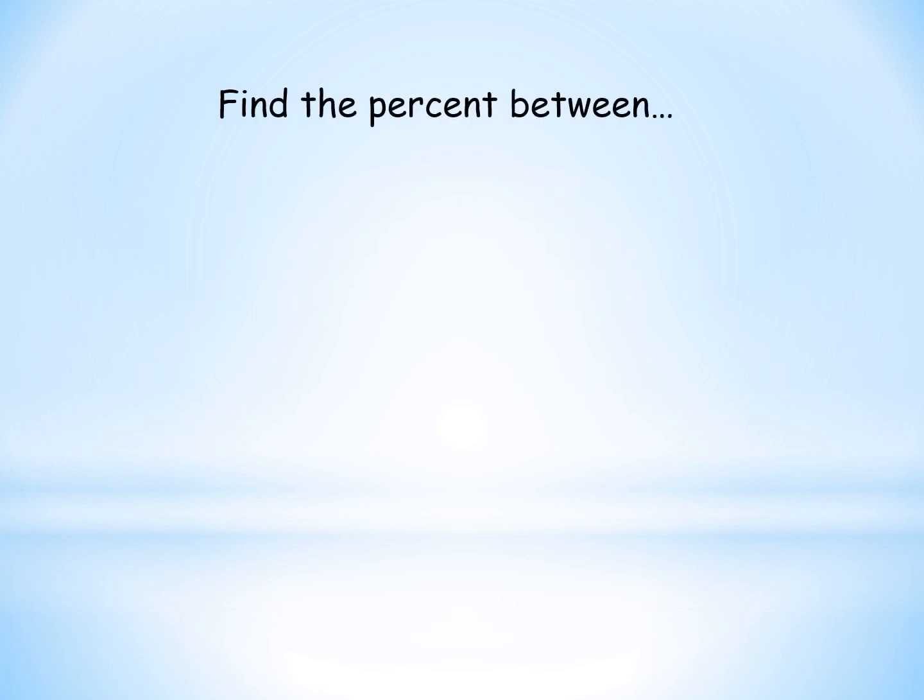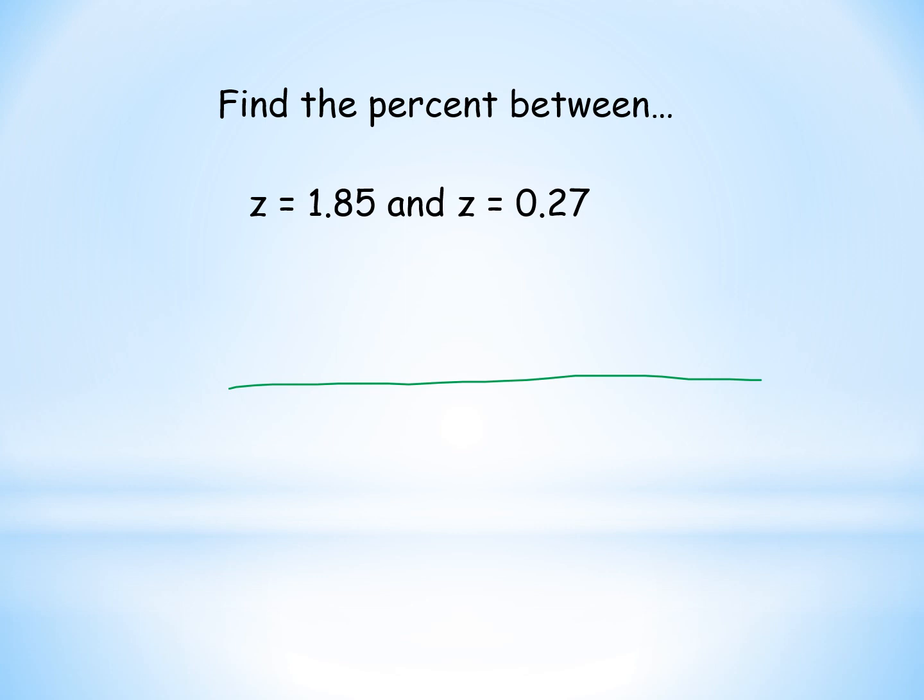If you wanted to find the percentage between, you're going to look up your two z-scores. So this is going to find out what would be between. For instance, let me try to draw this a little bit. If I had some sort of a z-score like this, and there's my mean, and it wants to know, I'm at like 1.85, so this would be 1 standard deviation, this would be 2 standard deviations.